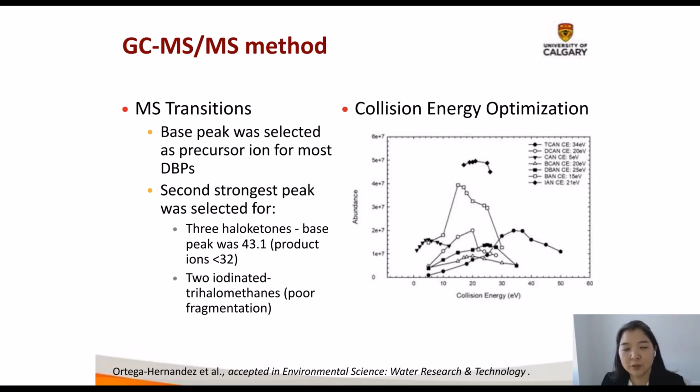Once we did this manually, we compared it to the automatic wizard that is available in the instrument, and we found very similar values. So then we went ahead and did an automated collision energy optimization for the rest of the disinfection byproducts.